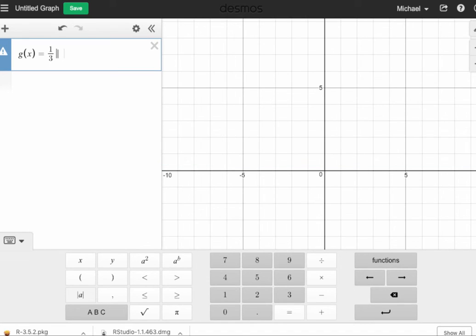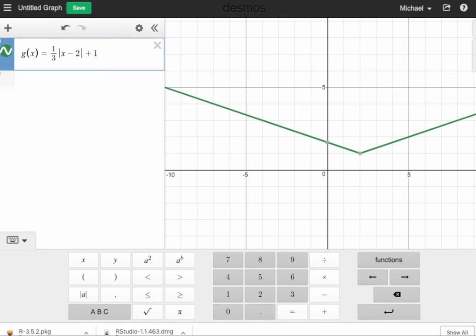Absolute value of x minus 2, close off the absolute value, and then add 1 to it. And bada bing, bada boom, there it is. 1, 2, 3, up 1. Yep, that's the same graph. Okay. So when you get done with your formula, you're going to come back into Desmos, plot it, and see whether or not you got the graph right. Okay. All right, let's do another one.